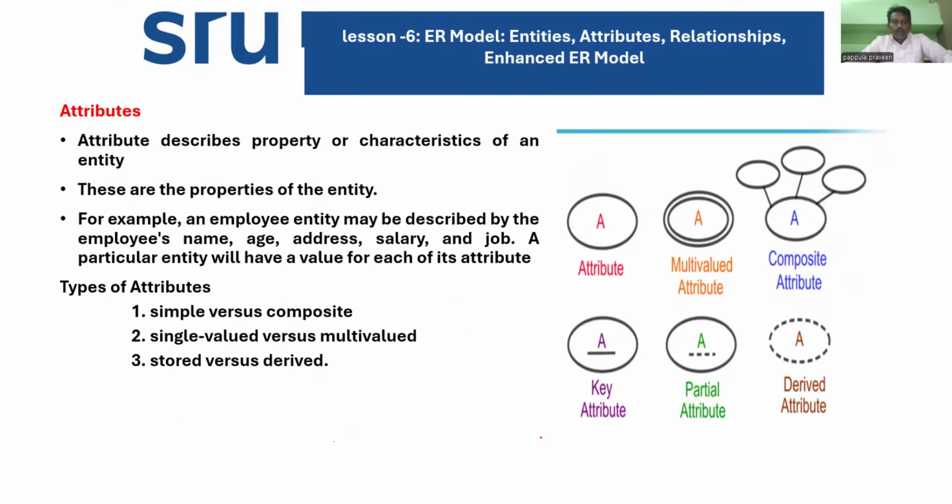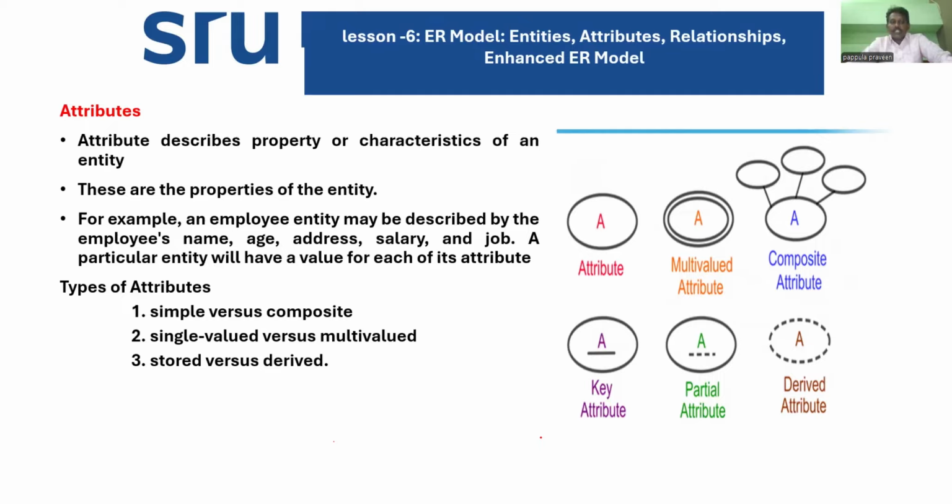So now, what is an attribute? An attribute describes a property or characteristic of an entity. An attribute is a property of an entity, right? In our previous example, car is an entity. The properties of the car are car model, car color, car engine number, and car capacity, whether it is petrol or diesel, the type of the car, right?